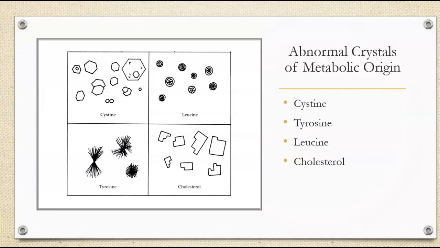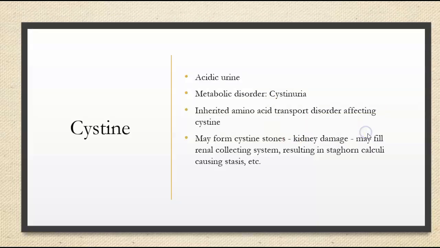So, abnormal crystals of metabolic urine. Sheesh, you can tell which lecture I'm giving. Cystine, tyrosine, leucine, and cholesterol are our abnormal crystals. Cystine we will find in acidic urine. The metabolic disorder associated with it is cystinuria, and we're going to talk more about these inborn errors of metabolism.